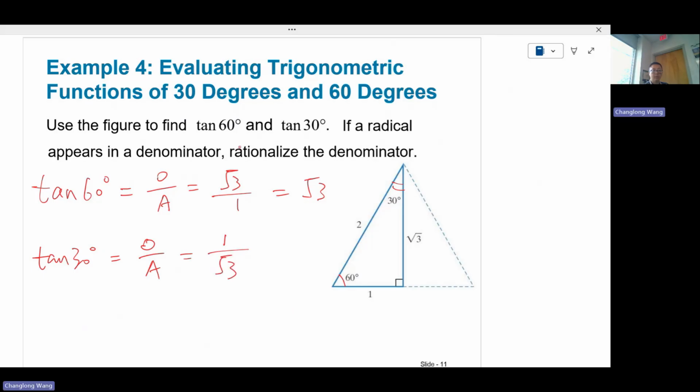Okay, but they want us to rationalize the denominator, and the way it works is to multiply both the numerator and the denominator by the same irrational number, which is radical 3. And you get radical 3 over 3. And that's all.